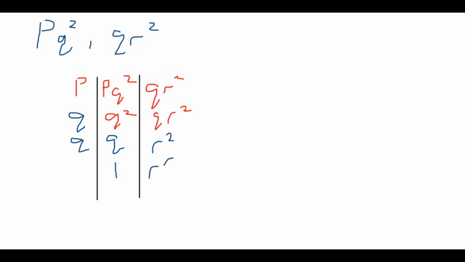Now we're going to divide by R. R here we're going to bring down the 1, and here we're going to have R. R squared divided by R is R, and divided by R again we'll have 1 and 1.